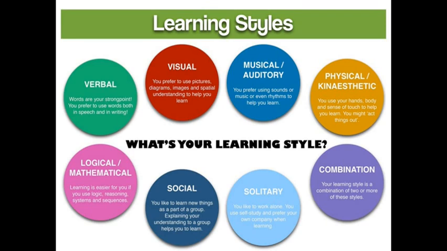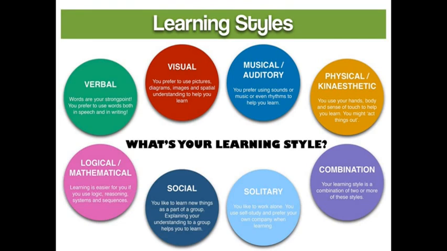Next is logical, mathematical. Learning is easier for you when you use logic and systems. Next is social. You like to learn new things as a part of a group. Explaining your understanding to a group helps you to learn. Solitary.